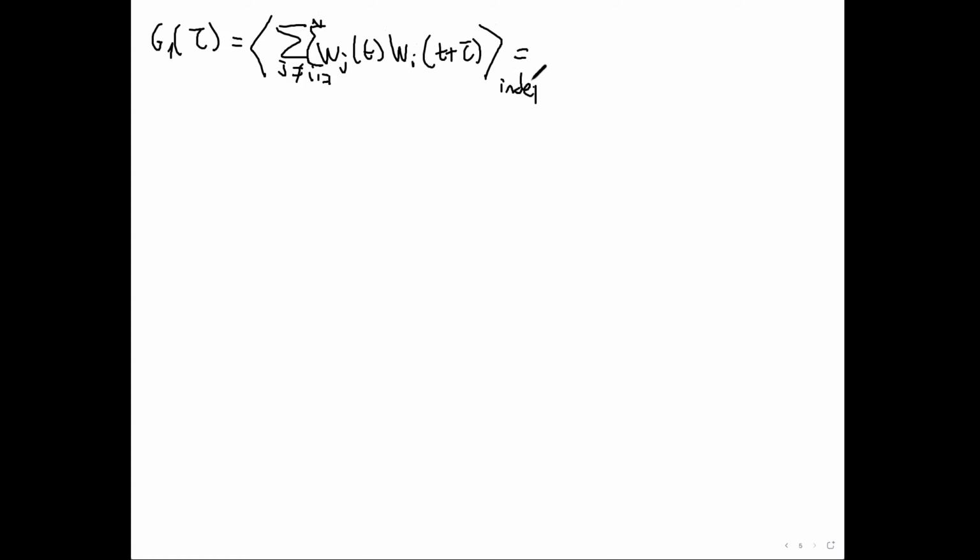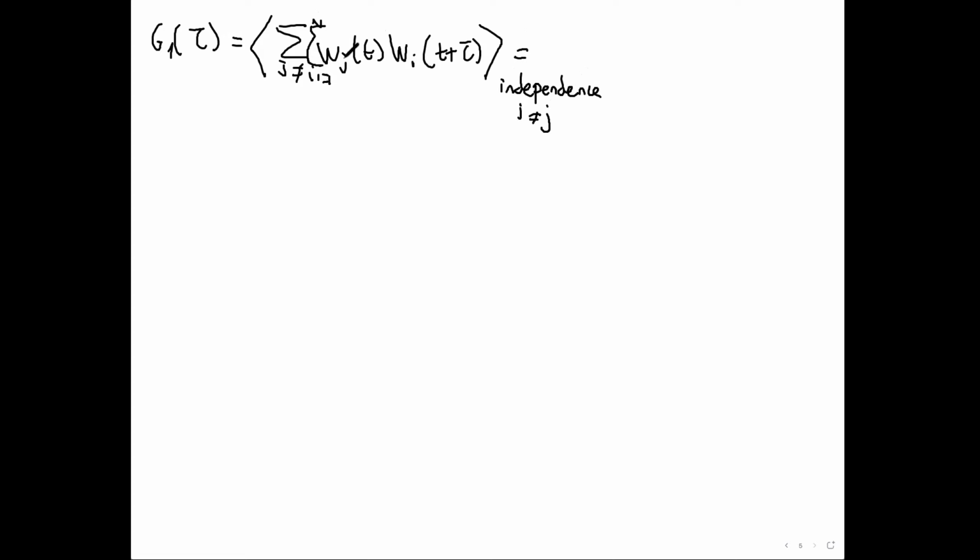And the first term, G1 of tau, remember it was this, the average of Wj(t), Wi(t plus tau), with j different to i. There is also a sum over i inside here, i equals 1 to n. So these two are independent. So there is independence, because of the independence of i different to j.